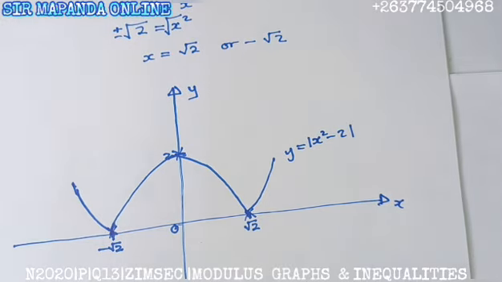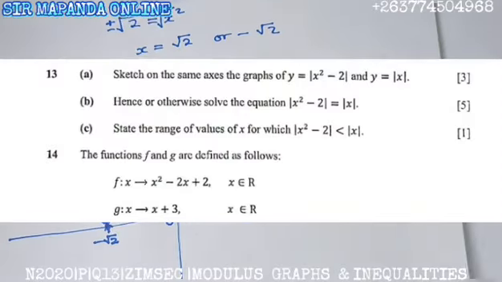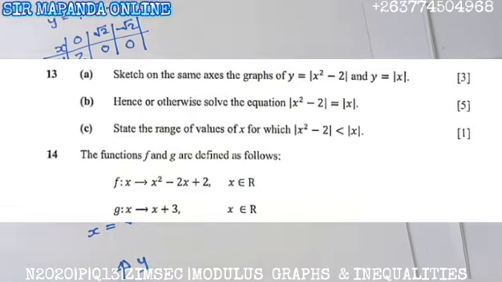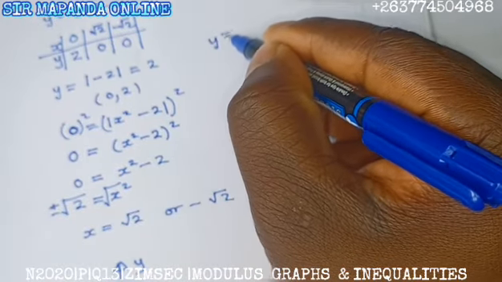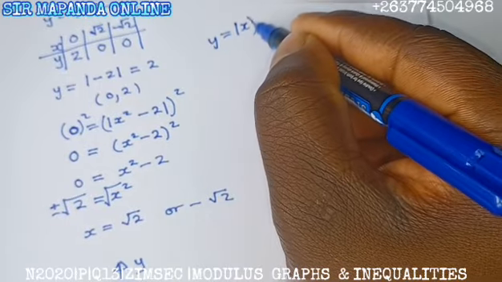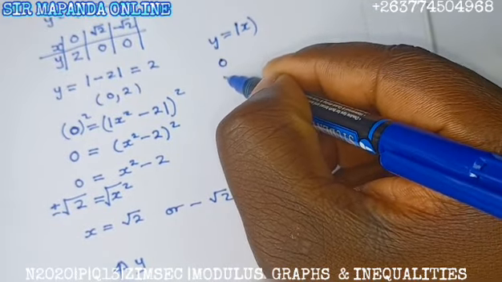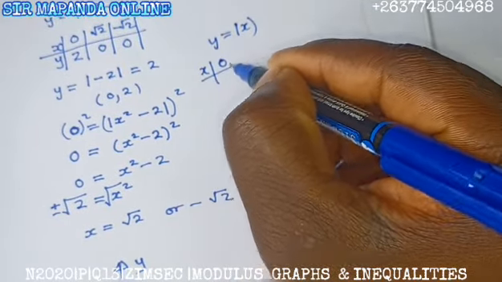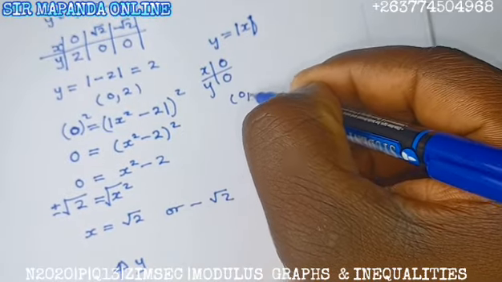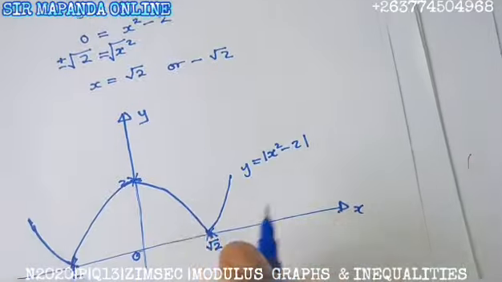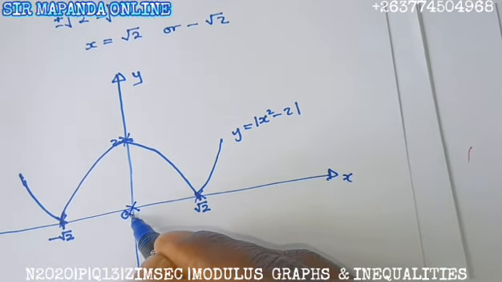We move on to the second one, modulus of x. This one is simple. It's very simple. Why? Because when x is 0, putting 0, you get y equals 0. So it is passing through the origin. This is our origin here.